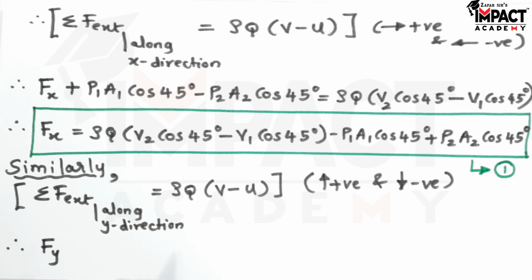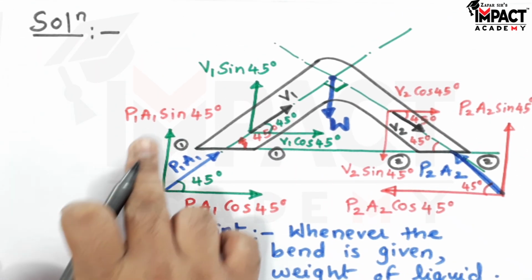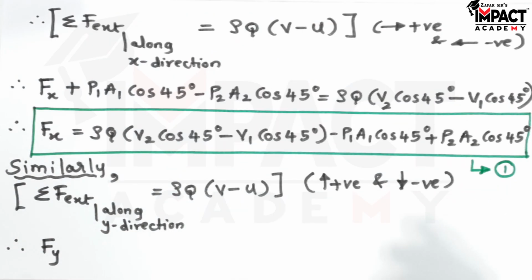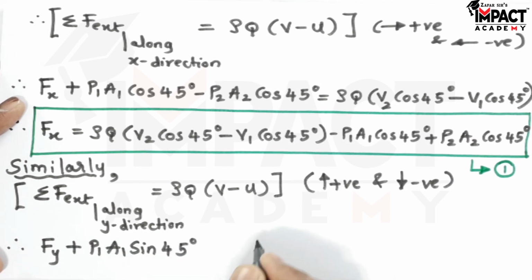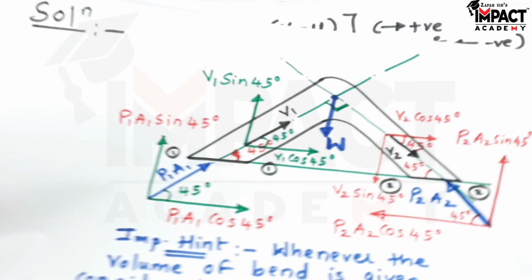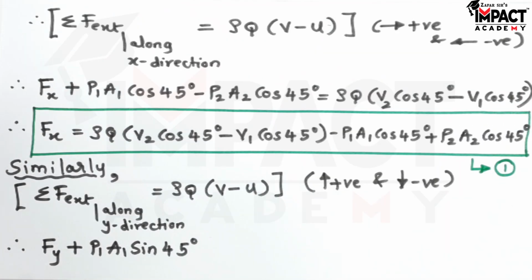Next, when we look into the diagram, there is P1A1 sin 45 acting upward, so positive, the component of vertical force. Next, we have P2A2 sin 45 again, which is acting upward, so positive.